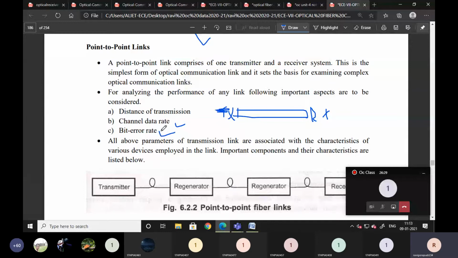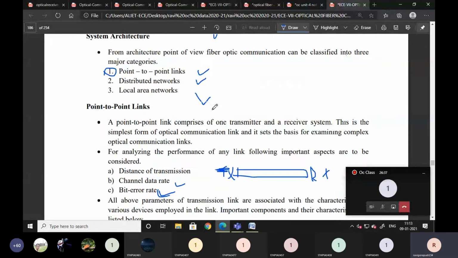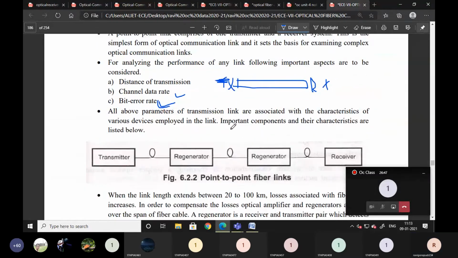This is also the third parameter. So these we have to analyze. In the point-to-point link, we are going to discuss the transmitter and receiver, and in between those two, what is the distance, what is the data rate, and what is the bit error rate.